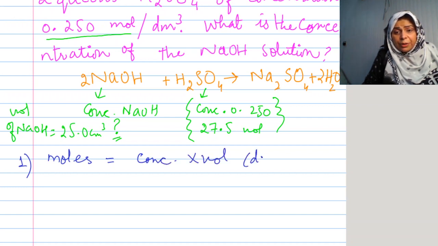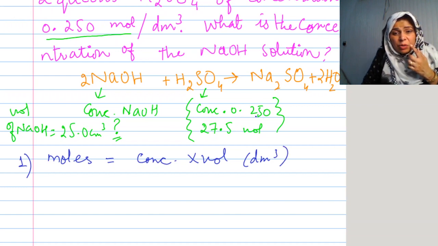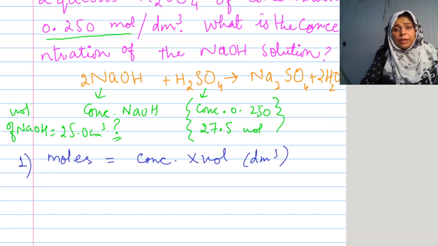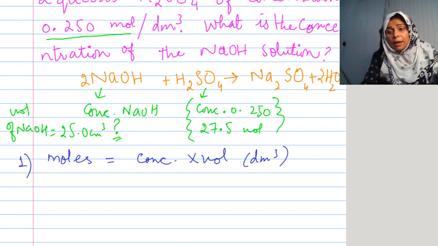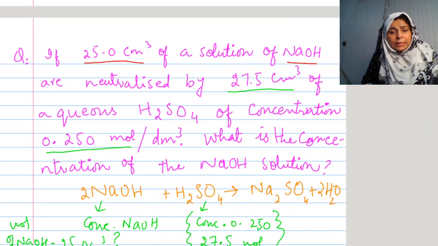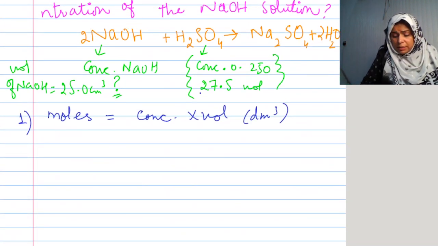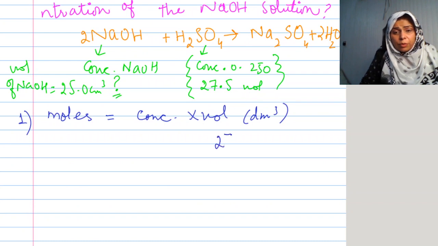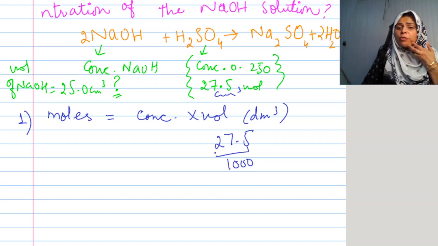Volume will be in decimeter cube, and here we have 0.25 concentration and volume 27.5 in centimeter cube. We will convert this centimeter cube by dividing it by 1000.